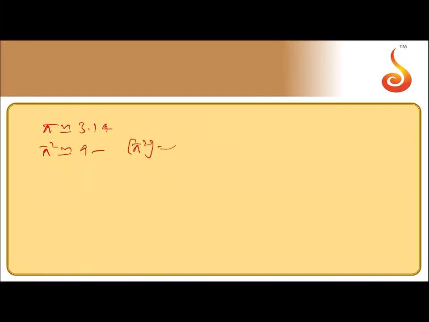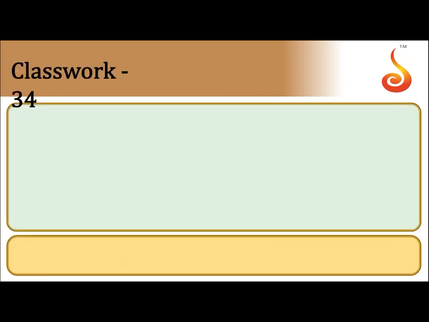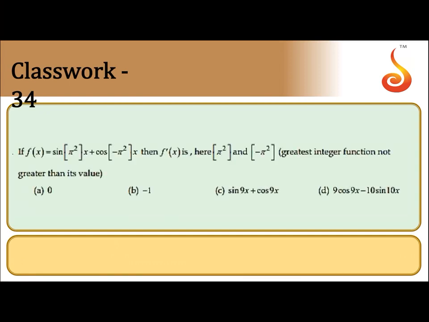So the integral part of pi square will become 9 and the integral part of minus pi square will be minus 10. So the function is nothing but f equals sine 9x plus cos 10x, you got it, because cos of minus theta is cos theta, and you find the derivative is equal to 9 cos 9x minus 10 sine 10x. Yes, of course, this is the answer.